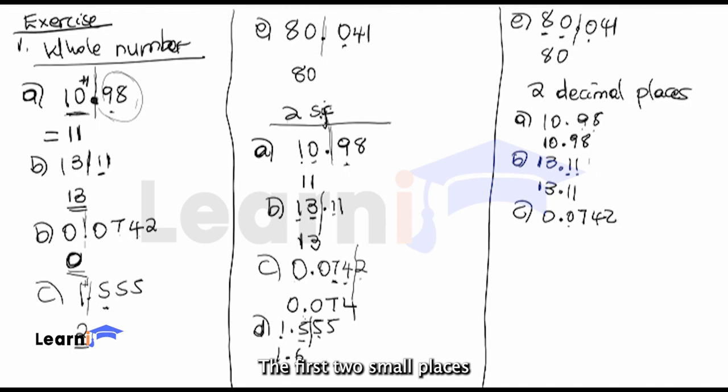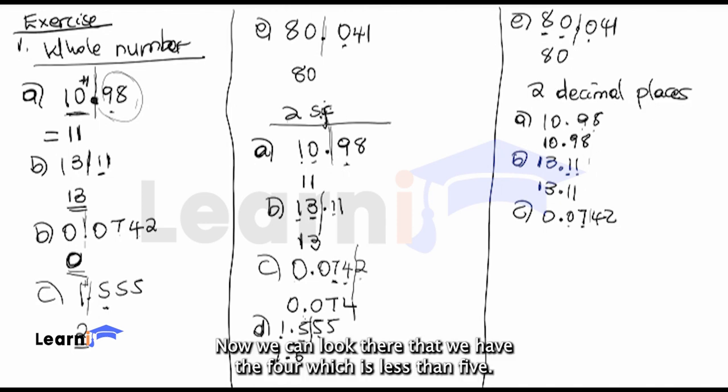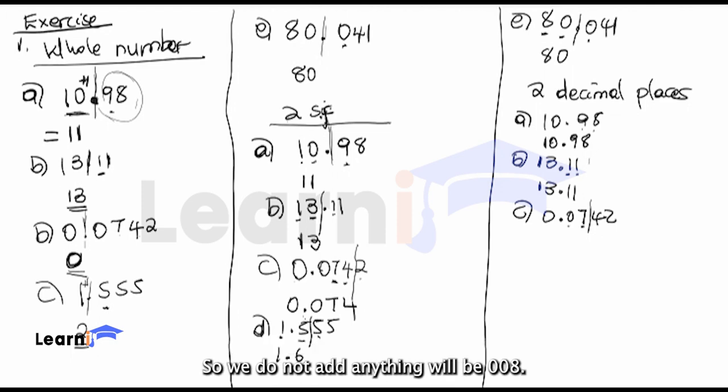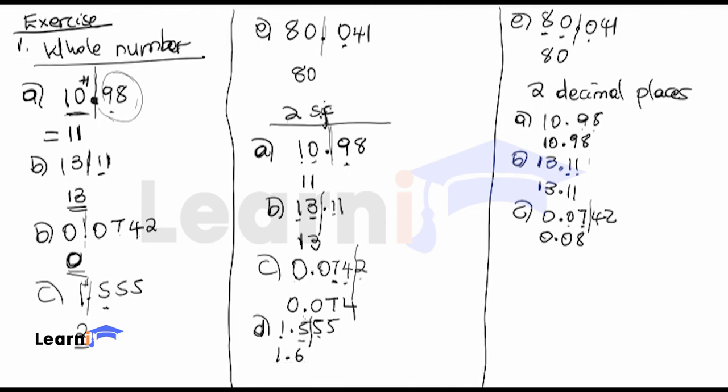The first decimal place is 0, the second decimal place is 7. Now we can look this side. We have the 4, which is less than 5, so we do not add anything. This will be 0.07.